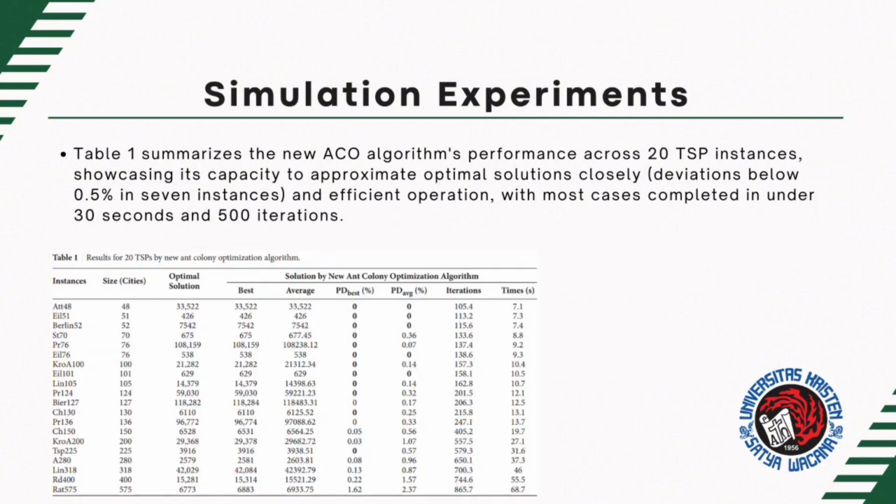Table 1 summarizes the new ACO algorithm's performance across 20 TSP instances, showcasing its capacity to approximate optimal solutions closely. Deviation was below 0.5% in 7 instances, an efficient operation with most cases completed in under 30 seconds and 500 iterations.